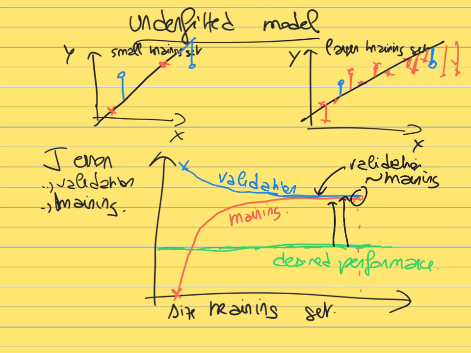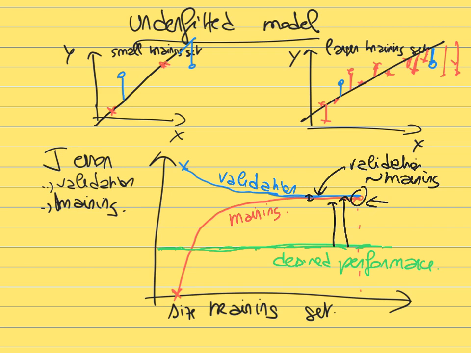So typically, with an underfitted model, you will see a very low difference between the validation set error and the training set error. They will converge towards the same value. That's a sign that it's an underfitted model.